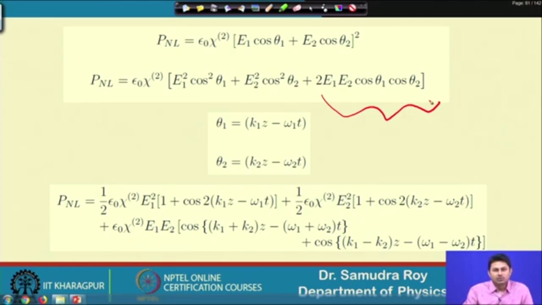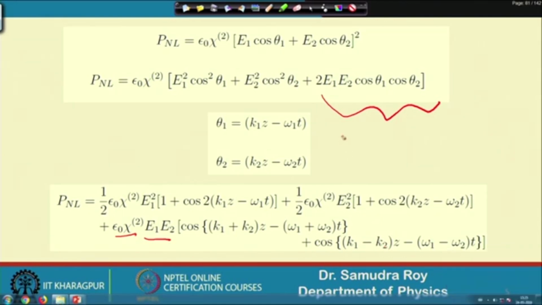We know that 2 cos theta 1 cos theta 2 can be represented in terms of cos of theta 1 plus theta 2 and cos of theta 1 minus theta 2, and we are going to do exactly the same thing. So, this multiplication term of theta 1 and theta 2 we will separate out. So, this term can be represented like E 1 E 2 epsilon 0 chi 2, and so on.